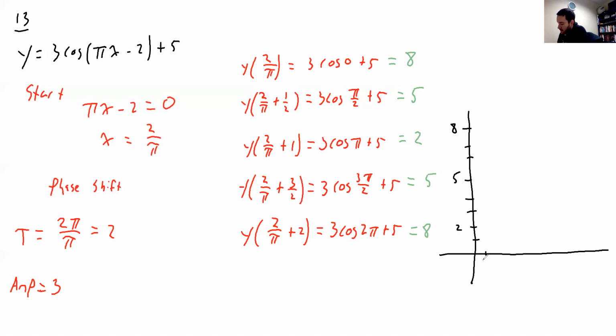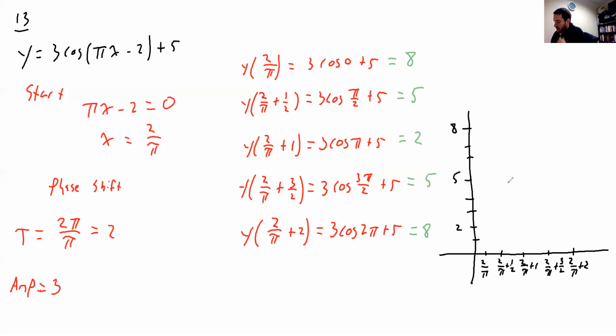So your first point, 2 over pi. Your next one, 2 over pi plus a half. The next one, 2 over pi plus 1. The next one, 2 over pi plus 3 halves. The last one, 2 over pi plus 2. All right, so put your points on there.